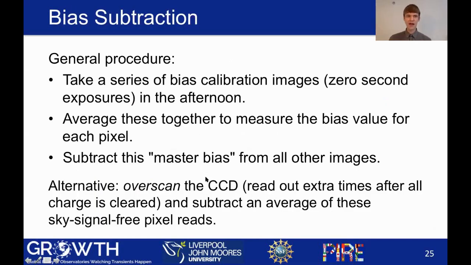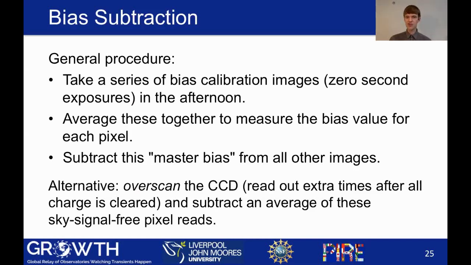So how do we do this in practice? There's two methods. The one that is most typically used is to take bias calibration images. So usually during the afternoon, before the sky has actually gotten dark, we keep the dome closed, we turn off all the lights, we close the shutter in front of the detector, and we take a series of calibration 0-second exposures.